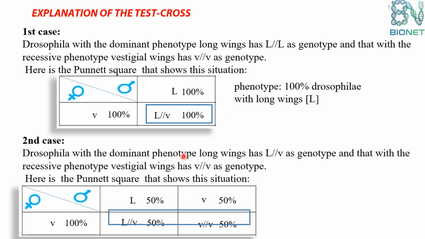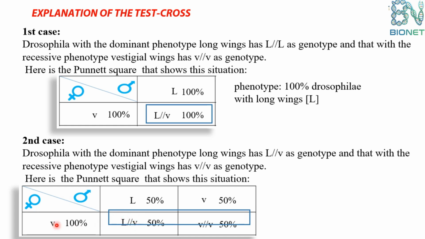Now, in the second case, the male is heterozygous. It has produced two types of gametes, 50% carrying the dominant allele L and 50% carrying the recessive allele V. The female, having the recessive phenotype, has produced only one type of gametes carrying the allele V. V from the female with L from the male will give LV, L dominant over V, so we have here long-winged Drosophila.